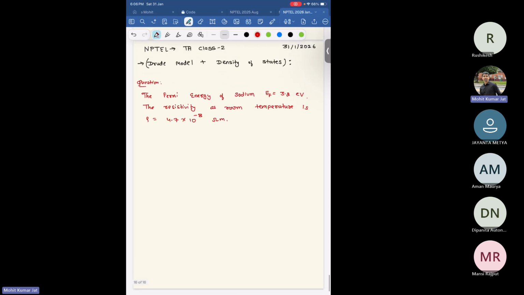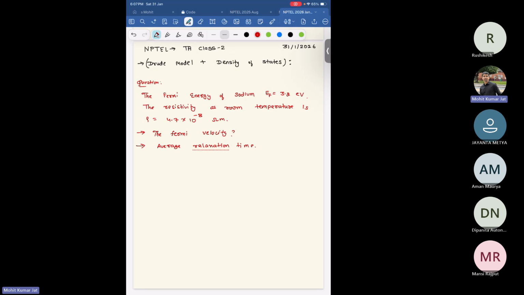And then the questions asked on the basis of these two parameters are: first, what is the Fermi velocity? And the second is the average relaxation time. So this is the question.